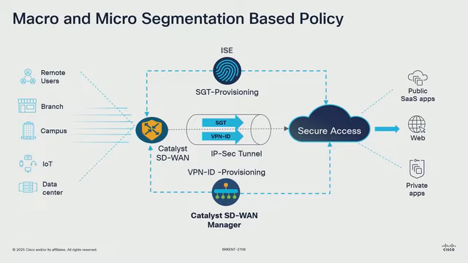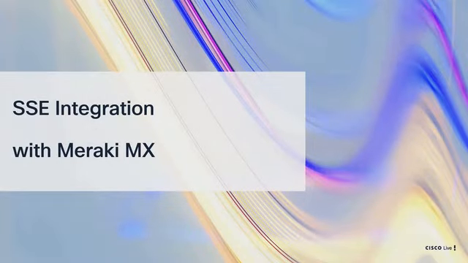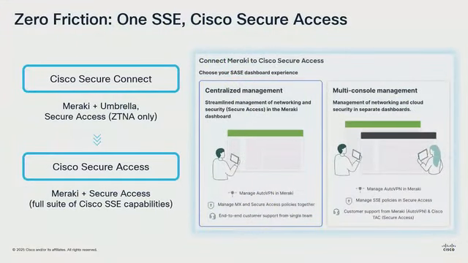Remember the VPN ID, that's the police department versus the fire department. And then the tags would be those colored tags I assign to users or devices, et cetera. I'll put this demo in the room here for the sake of time. This just shows how that integration with TrustSec works inside of the Catalyst SD-WAN.